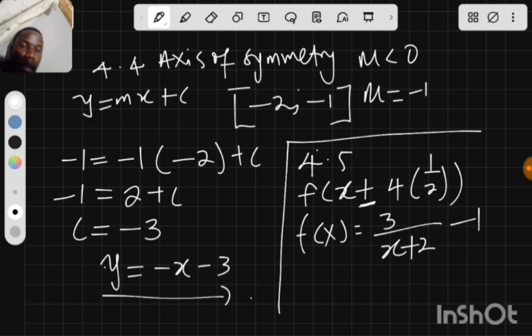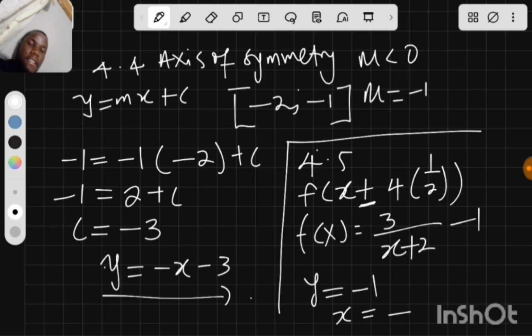If you check, our y asymptote is not affected, only the x asymptote is affected to the left. If it is affected to the left, we must have a negative.